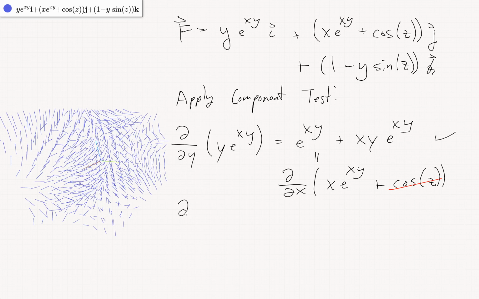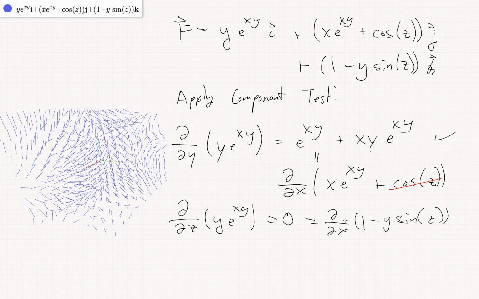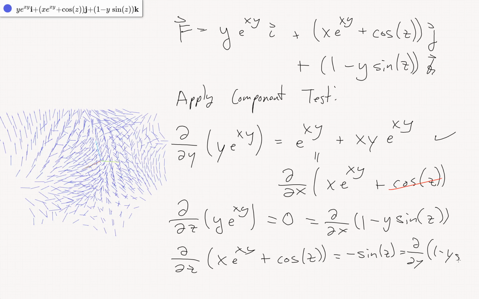Now, next we need to do del by del z of y e to the xy. That's 0. And that's the same as del by del x of 1 minus y sine z. And then finally del by del z of x e to the xy plus cos z is negative sine z, and that's del by del y of 1 minus y sine z.